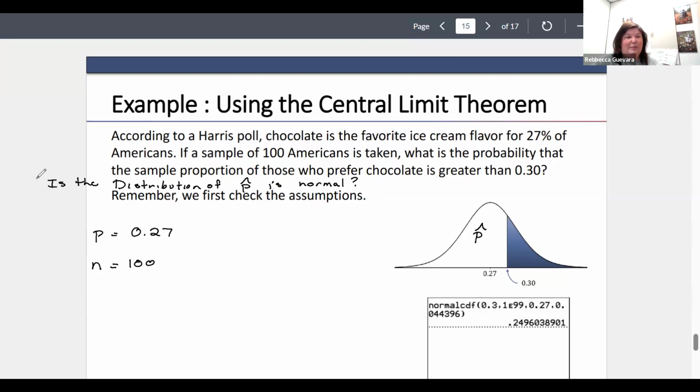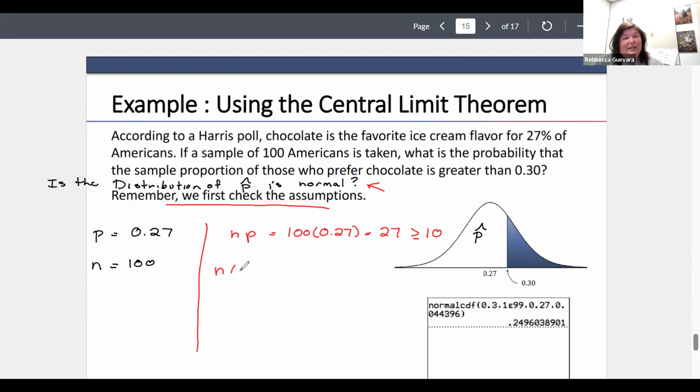So first I have to check my assumptions, which means I'm really just checking to see, like I said, the one thing that changes from all my other distributions is I just have to make sure that my distribution of p hats is normal. So that means I have to find n times p. So n is 100 and p is 0.27, which is going to give me 27, which is greater than 10.